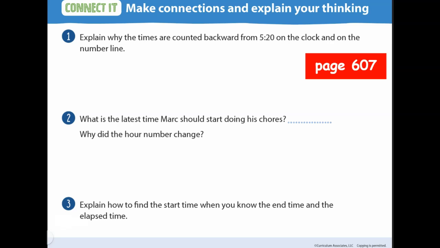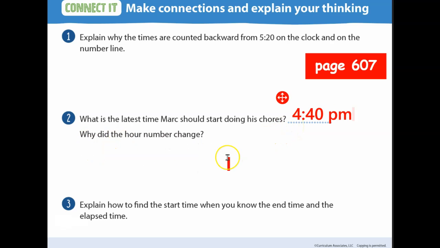Why are we counting backwards? What are you trying to find? The start time. We already know the end time, which was 5:20, and we want to know what time he should start his chores and leave his house, right? So what is the latest time he should start doing his chores? 4:40. I think it's p.m.